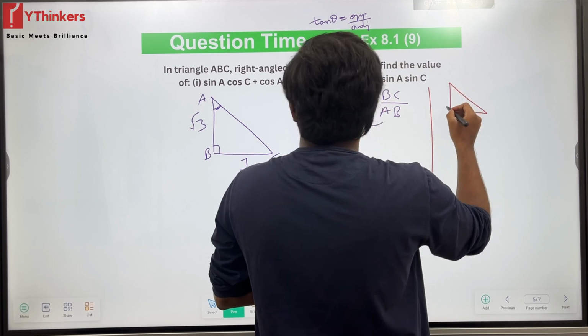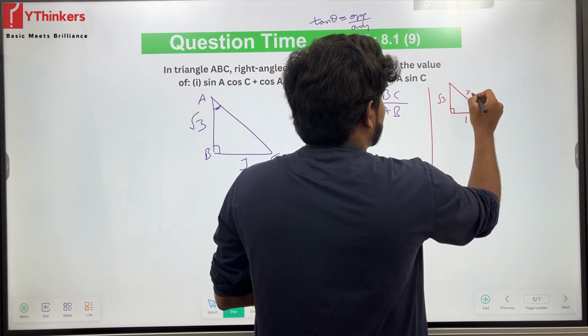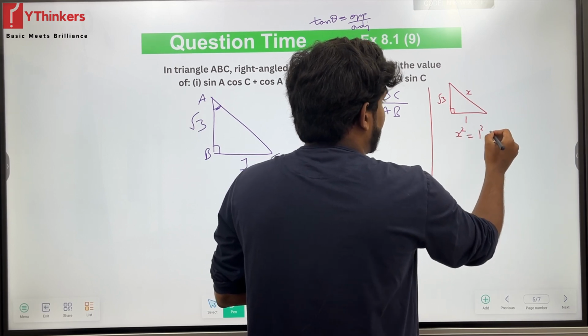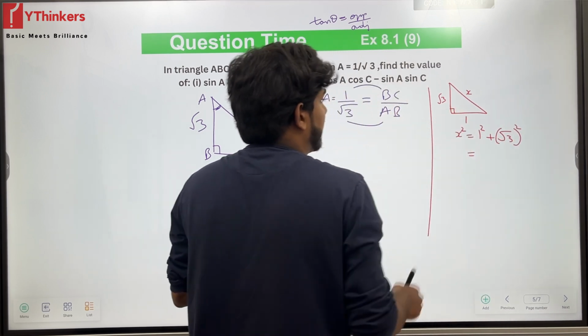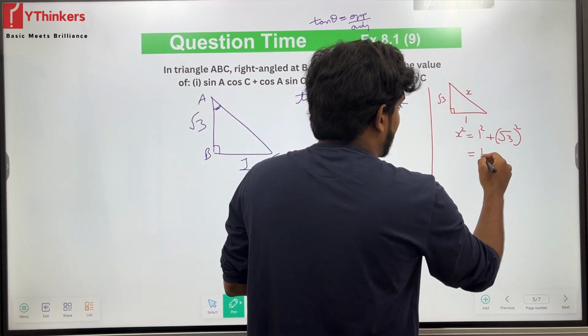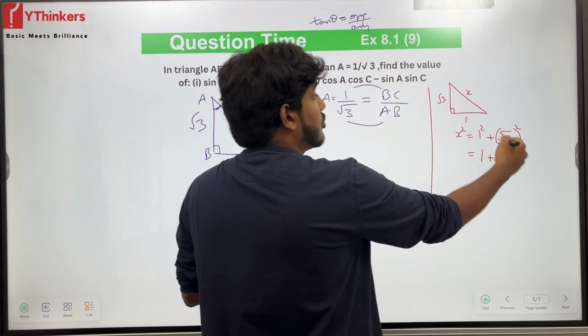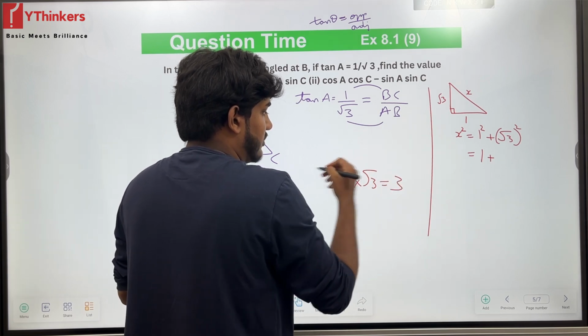If I use Pythagoras theorem, this is root 3, this is 1, this is a missing side, I'll take it as x. x square, which is hypotenuse square, is equal to base square plus perpendicular square. 1 square remains 1. What is root 3 square? Root 3 into root 3 is nothing but the original number.